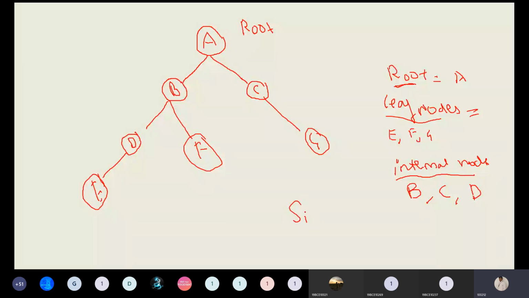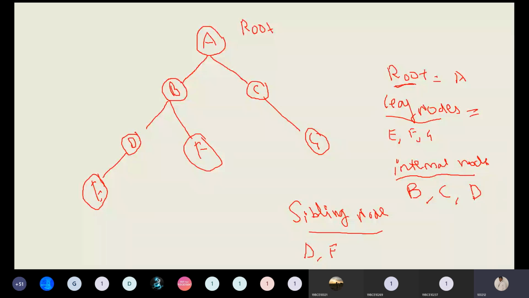Now the question comes about what is meant by a sibling node. Can anyone explain what sibling nodes are? If I ask you what is meant by sibling nodes, what are the sibling nodes over here? Please tell me. Sir, D and F. Yes, D and F. Okay, thank you.